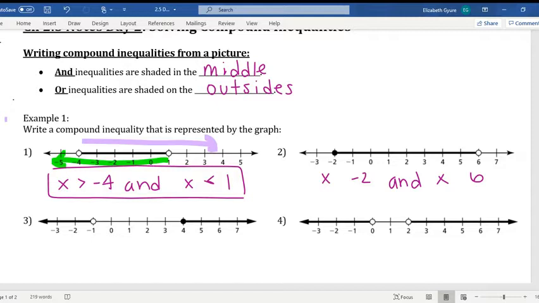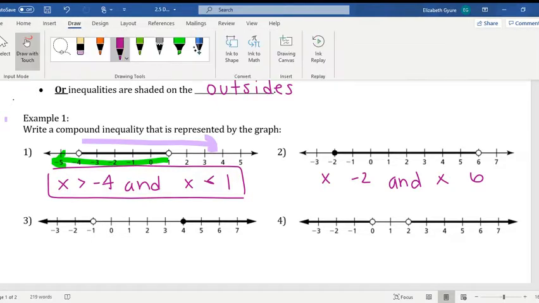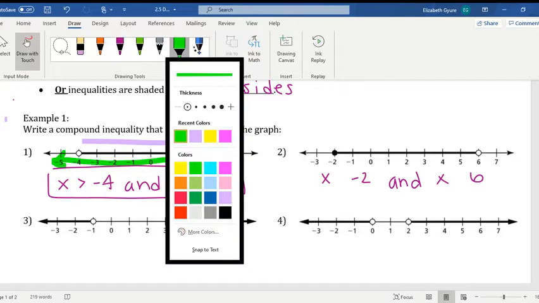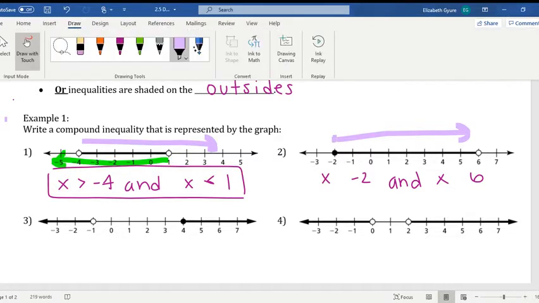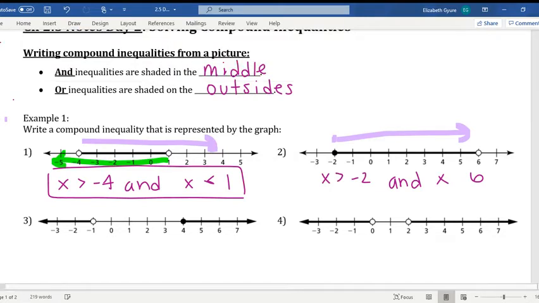Now we need our symbols. So at -2, when you start at -2, our shading then goes to the right, correct? So if we're starting at -2 with a closed circle and then our shading goes to the right, what inequality symbol would we use there? We're going up, so it is a greater than, and then if it's filled in, or equal to, yeah, you need the line underneath for that one.